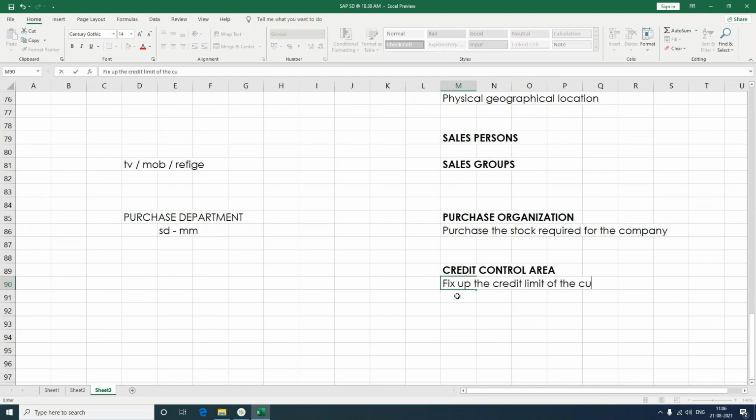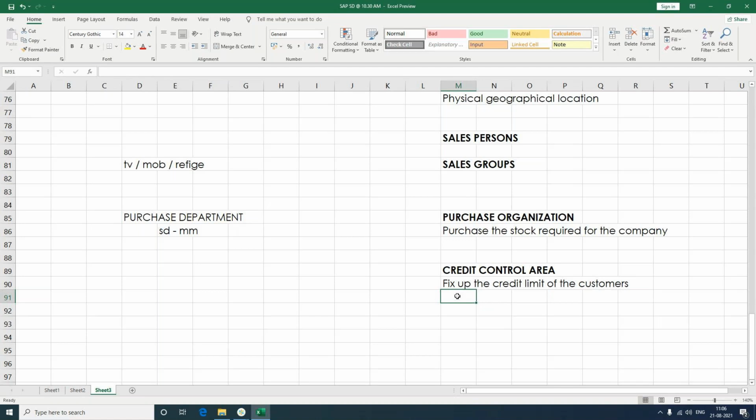In case the customer is taking the goods on credit, that means you take the goods now and do the payment later. It's just like your credit card. For each and every one of us, the credit limit varies. In the same way, the company will be offering the goods on credit.